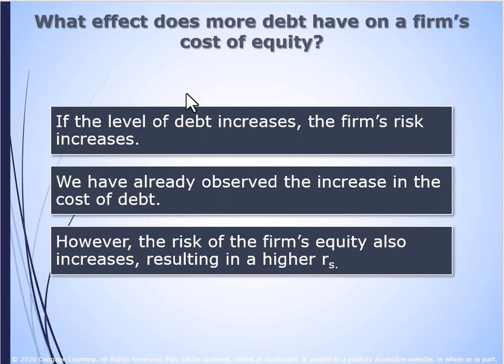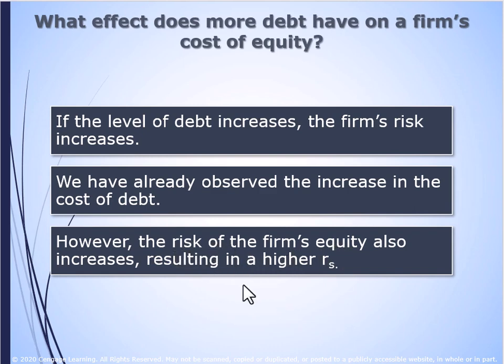So again, what happens? If the level of debt increases, the company's risk increases. We've already seen that increase. What happens with that increase in the cost of debt? However, right now, we also haven't really talked about everything with respect to the risk of equity, right?